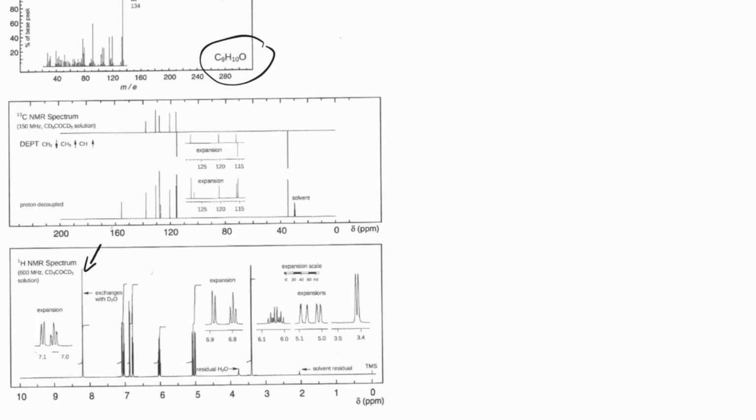It seems to be shifted away from where we might normally expect it, but we can look and see that this NMR spectrum was done in acetone. And the position of OH peaks can change depending on what solvent they're in, as the amount of hydrogen bonding also changes. So we're going to call that peak our OH peak.